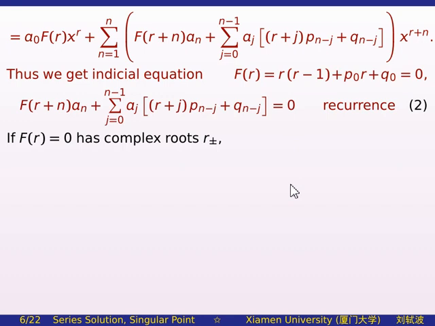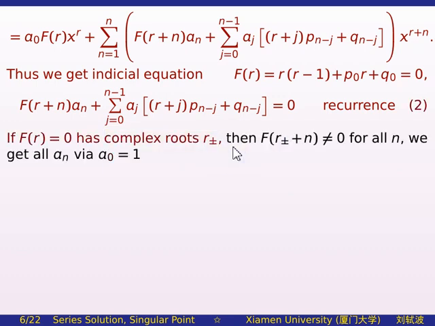So if F(r) equal to 0 has complex roots, as I said, these two roots denoted by r plus and r minus are a pair of conjugate complex numbers. So in this case, capital F of r plus n and r minus plus n are not 0 for all n. Okay, because the only complex numbers that make capital F to be 0 are r plus and r minus.